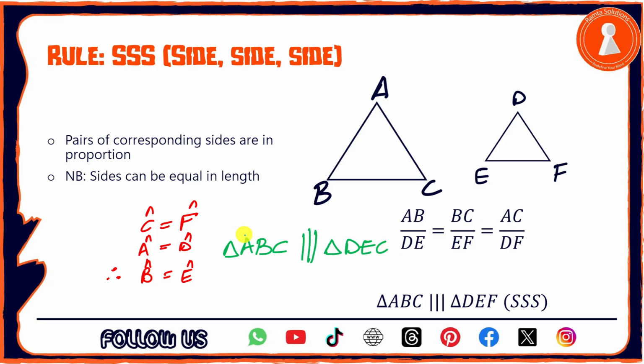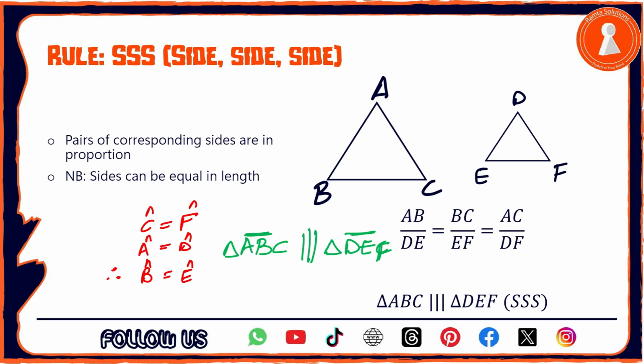Remember you say AB, DE. AB corresponds to DE. And then if you say AB, what are you left with? The one that you didn't mention is C. And for this one here it is F. And you can also write it in that manner.